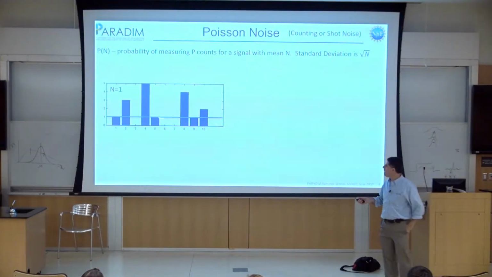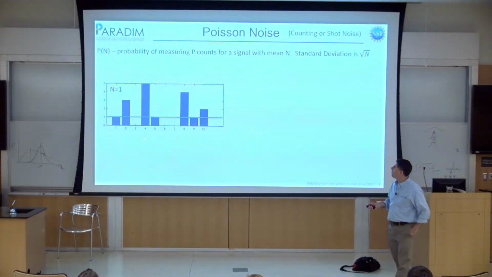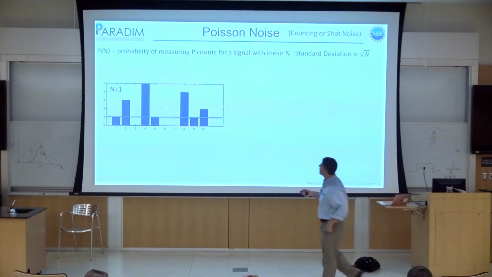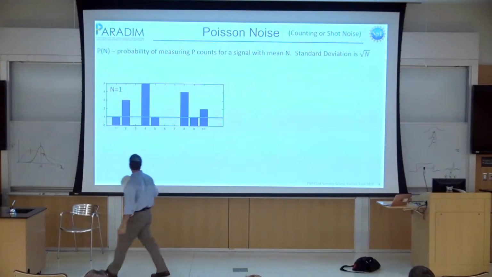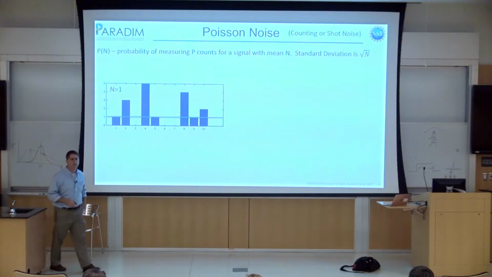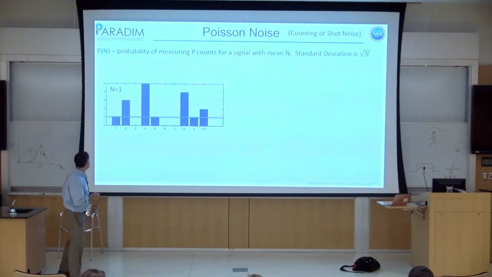N equals 1. A lot of channels have 0 in them. Some of them go up to n equals 5. Square root of n is plus or minus 1. Two-thirds of my counts should be between plus and minus 1, and that looks about right. I've got 10 values here, and about 3 of them are outside that range. So that's all good. This is perfectly reasonable.